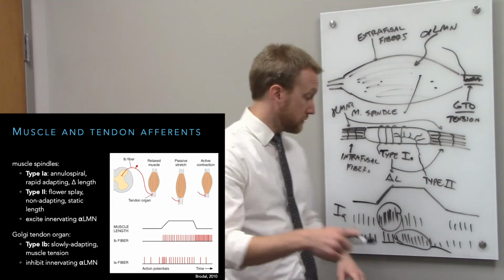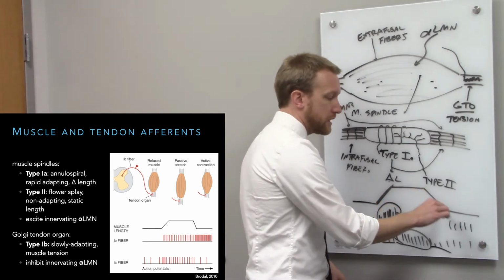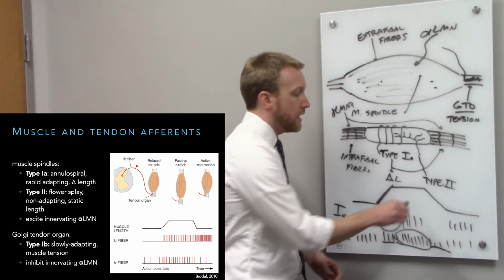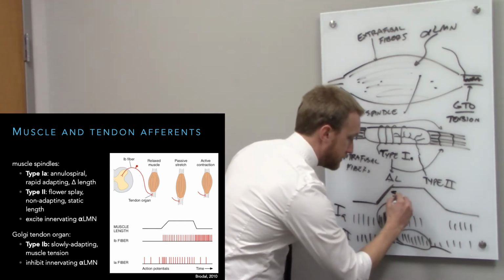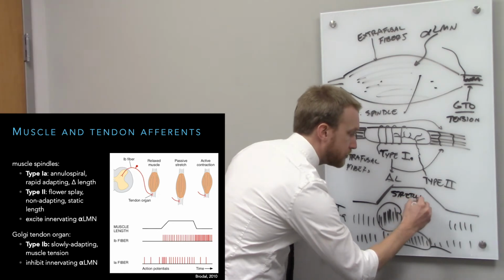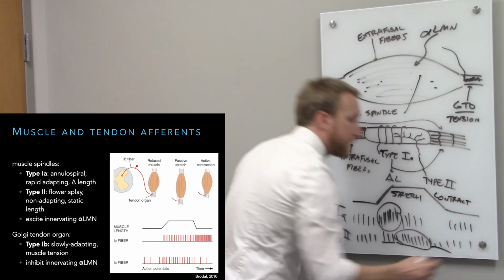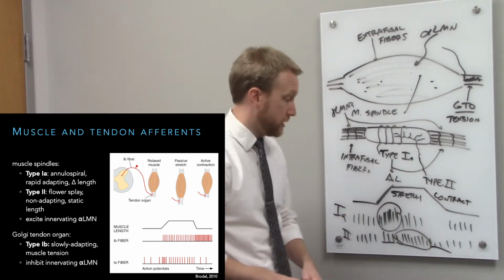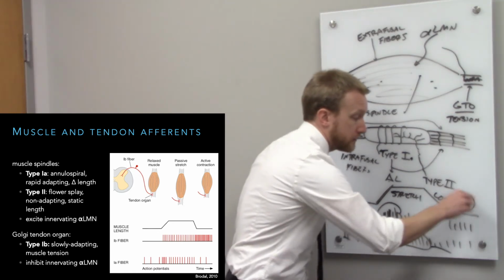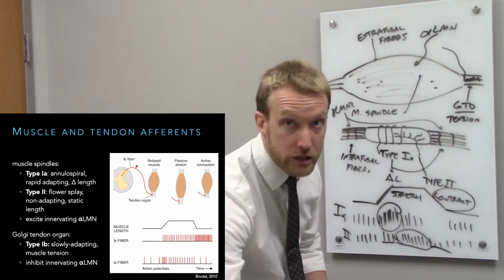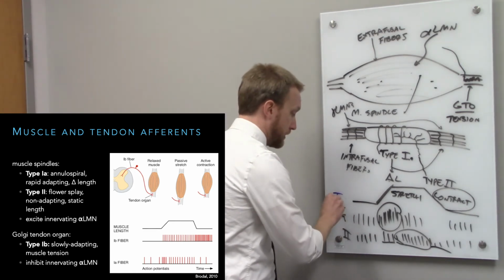So in this cartoon, what they're doing is applying a passive stretch. And rather than releasing the muscle so that it can shorten, they stimulate it to contract. So this is stretch. Instead of letting go of the stretch, we contract. So we're adding even more tension in that case. So you'll notice over there on the right, while there's muscle contraction, the type 1B fibers, that's when they really come online.